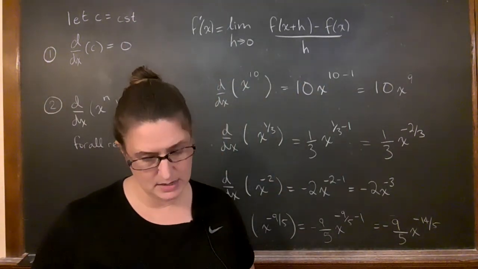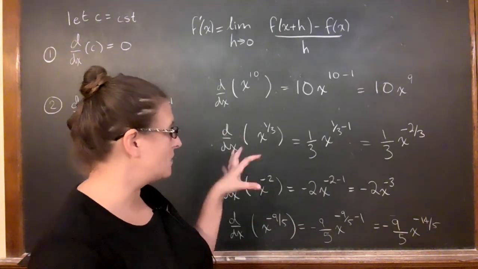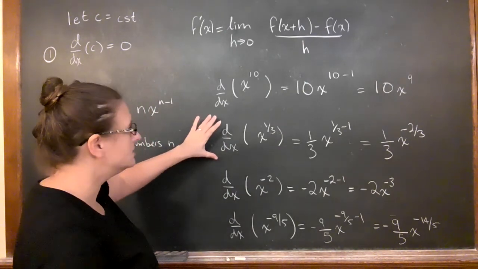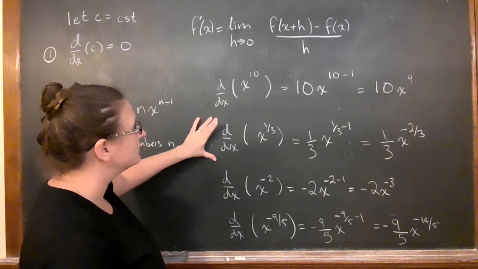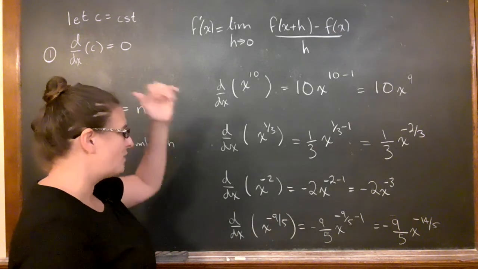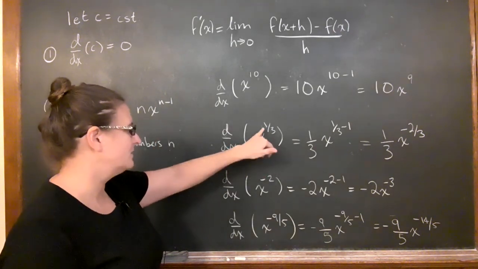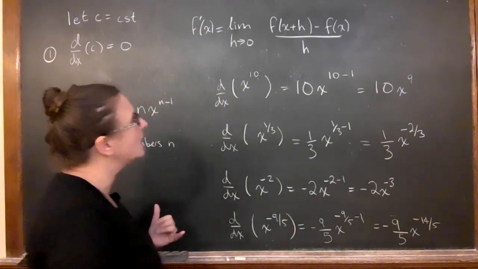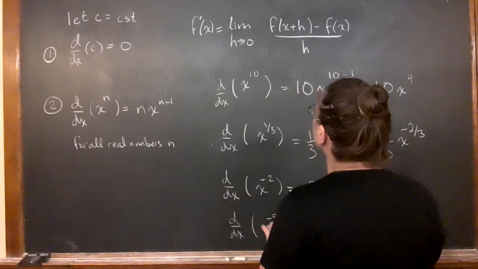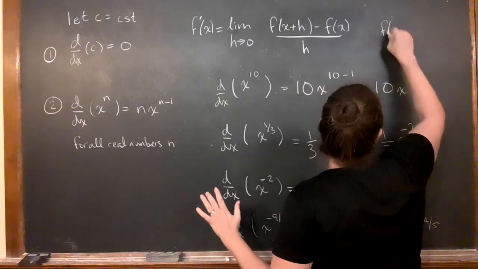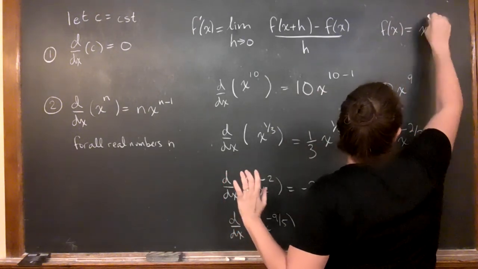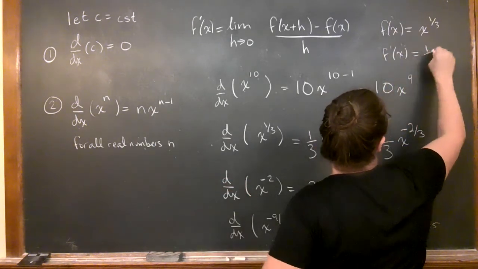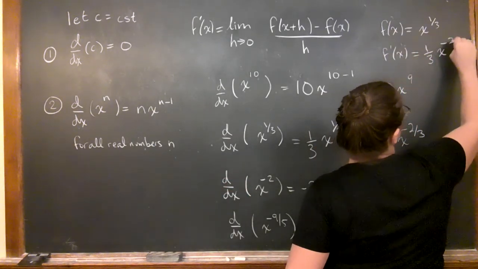Now, let me just point out something here, specifically with this one. If I look at this, notice that here I had a positive exponent and here I have a negative exponent. So if I think about what this looks like, I had f of x equals x to the 1/3, and then the derivative is 1/3 x to the negative 2/3.